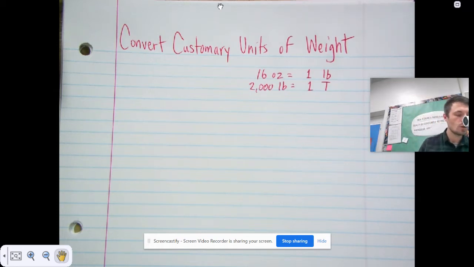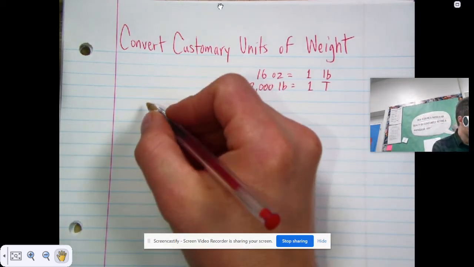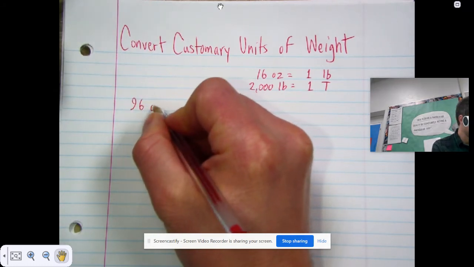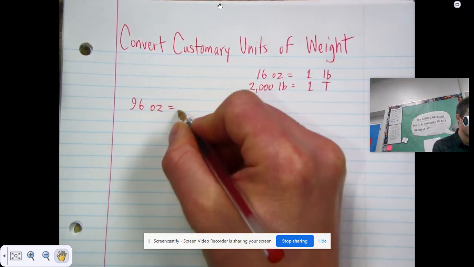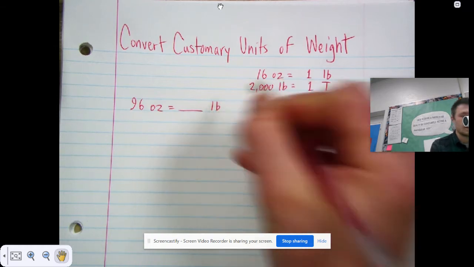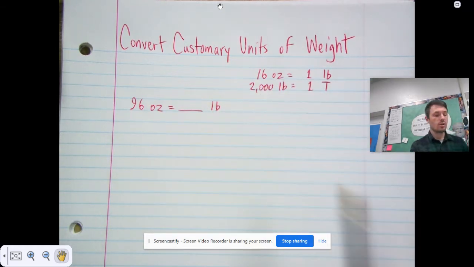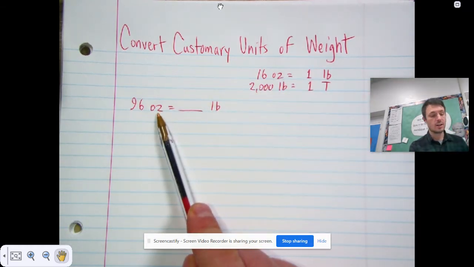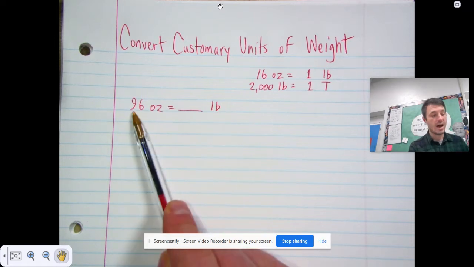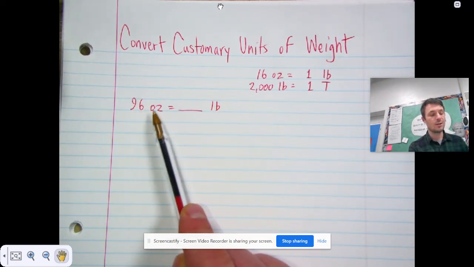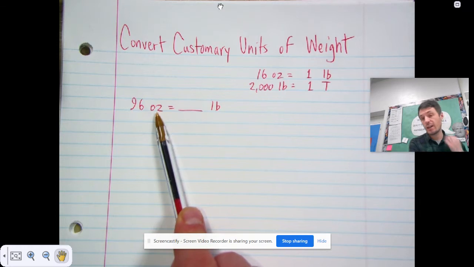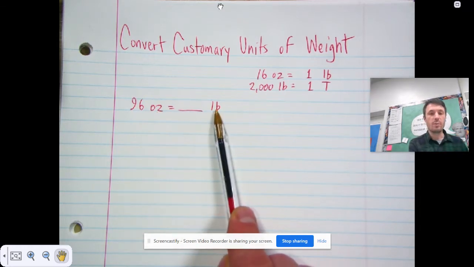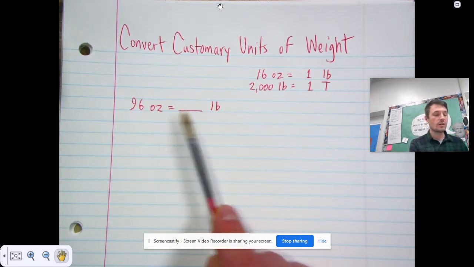Okay? So let's say we have 96 ounces and we're trying to figure out how many pounds that is. This is a conversion because we're going from ounces to pounds. We have the measurement in the unit of ounces. We're trying to find what the measurement is in the unit of pounds.